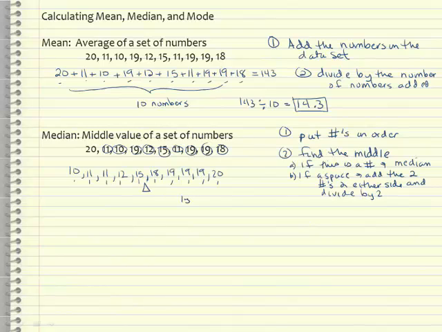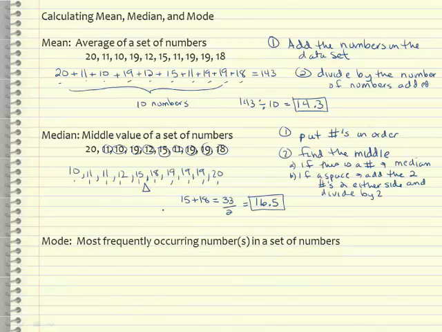So I'm going to take 15 plus 18. 15 plus 18 is 33. And then I divide that by 2. And so my median would be 16.5. That's the middle of this data set.